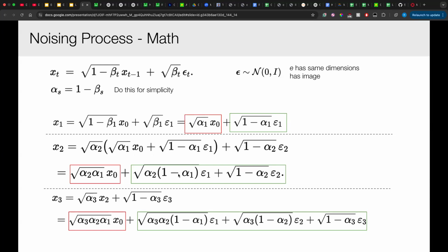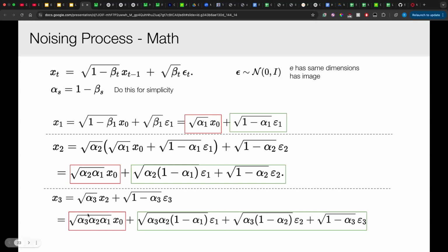The right-hand side is how much of the new Gaussian noise we're adding. Notice we have two separate pure noise images, e1 and e2, so we've sampled twice. As we keep sampling, once we're at x1000, we'd have sampled 1,000 pure noise images.